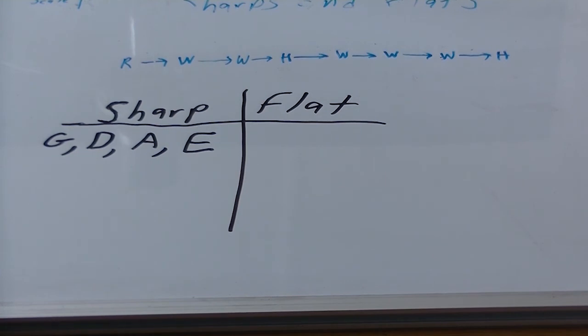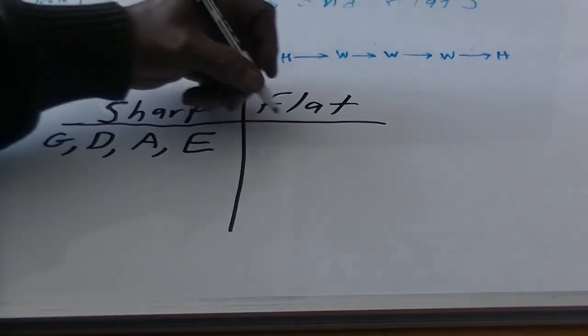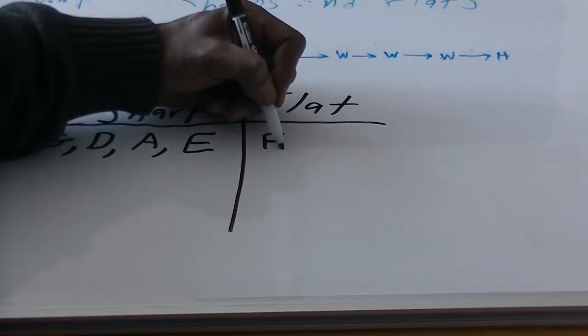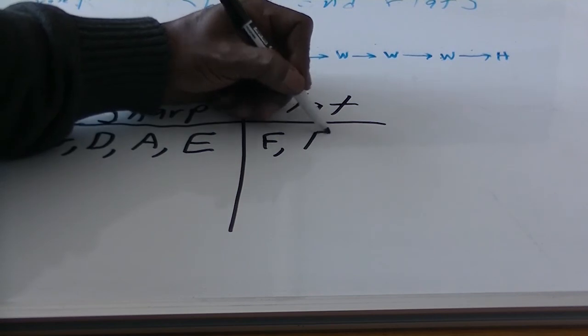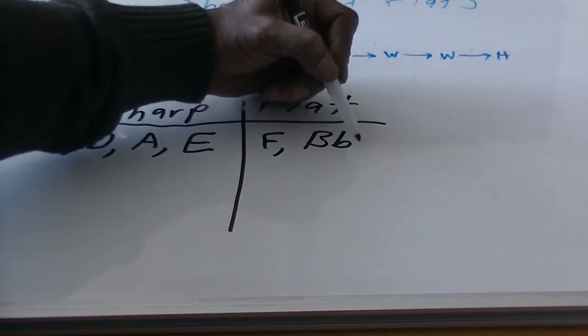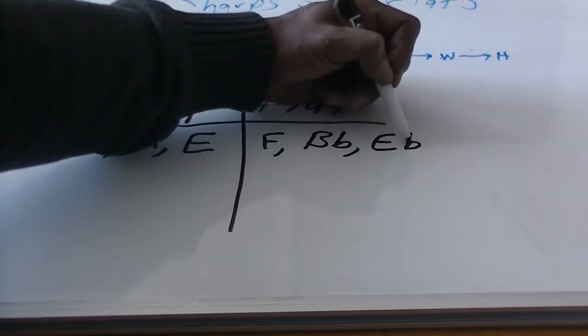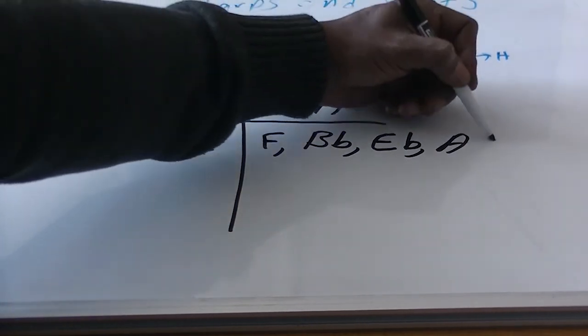And then on the flat side, these are scales that have flats in them. I want you to start with F, and then B flat, E flat, and A flat.